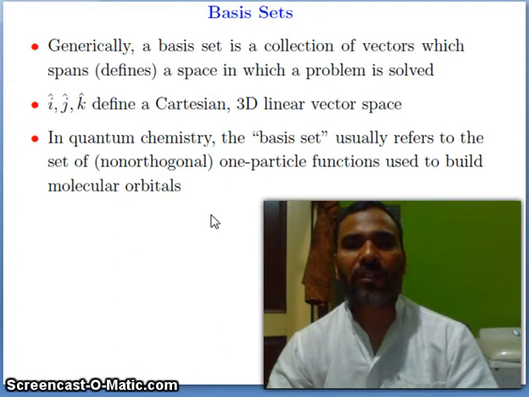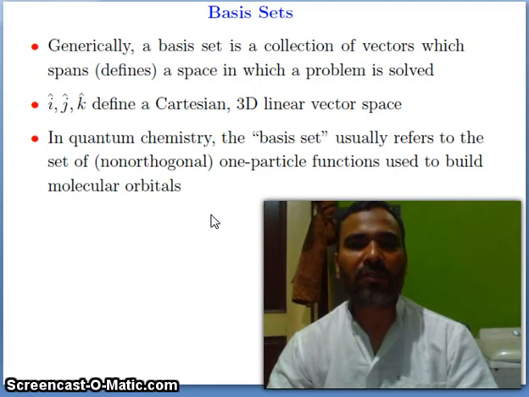Now you should know the importance of molecular orbitals: one-particle functions are used to build molecular orbitals.